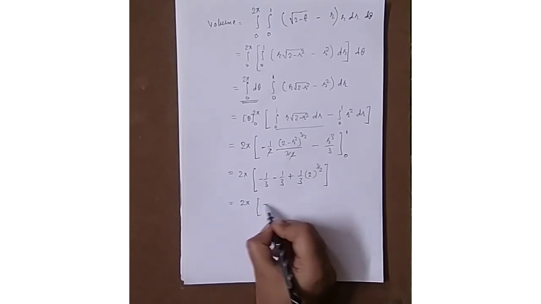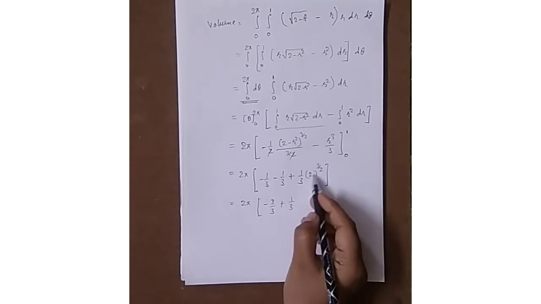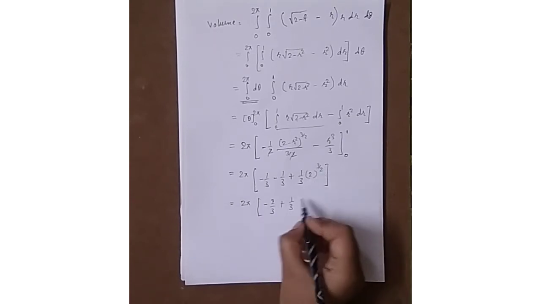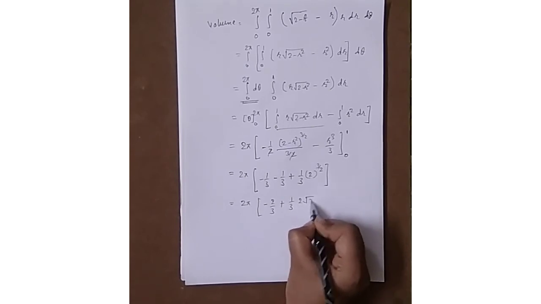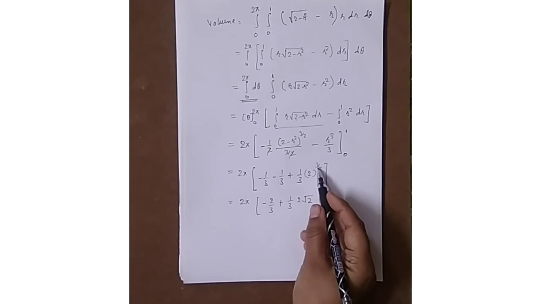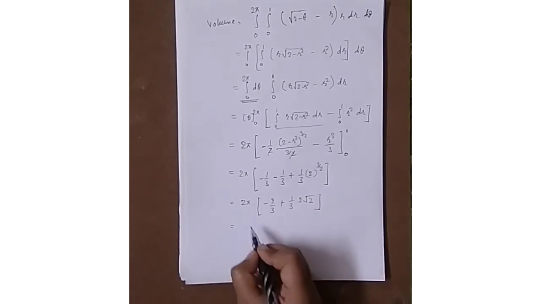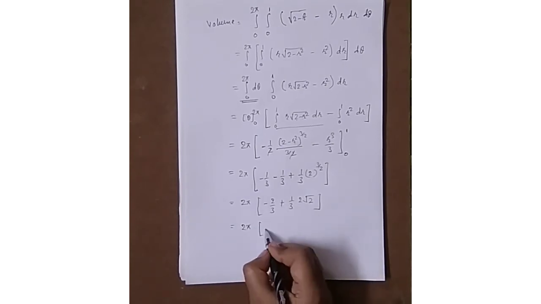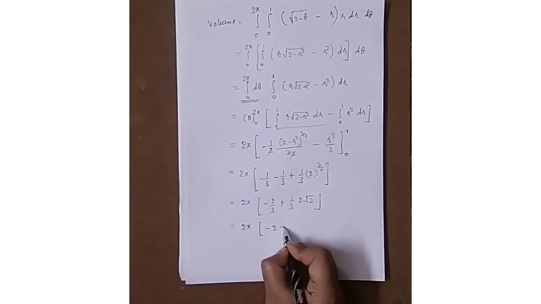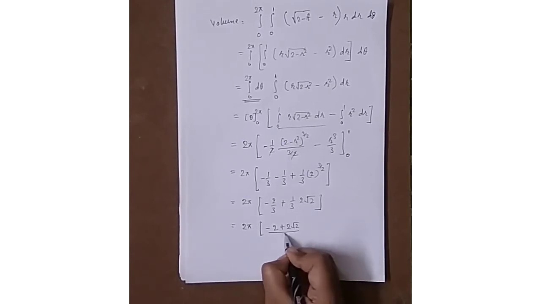Here you can write it as minus 2 by 3 plus 1 by 3 times 2 to the power 3 by 2, and 2 to the power 3 by 2 you can write as 2 into square root of 2. So it is equal to 2 pi times minus 2 plus 2 square root of 2 upon 3.